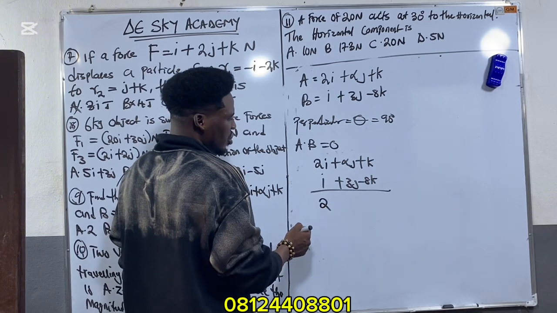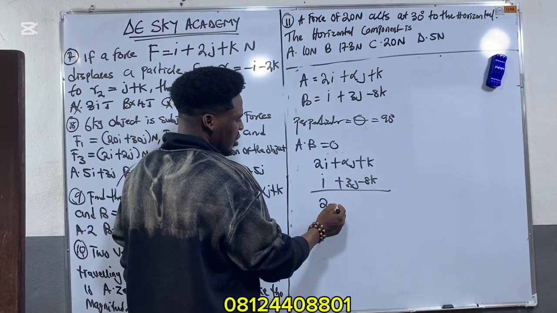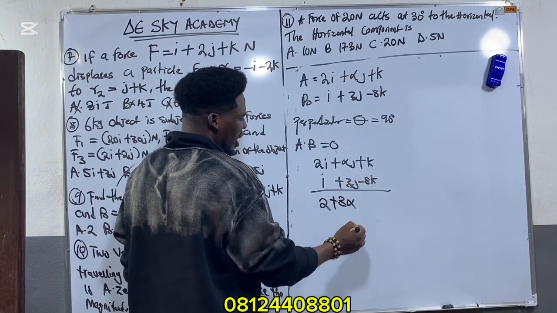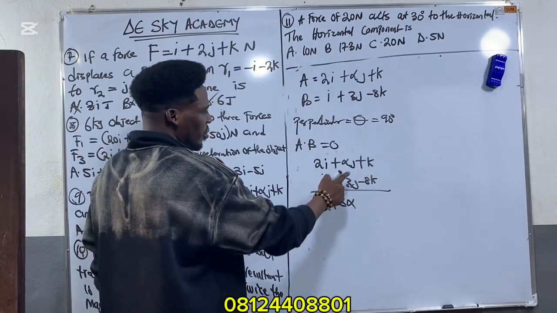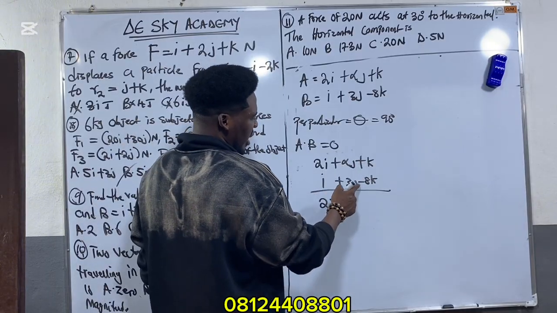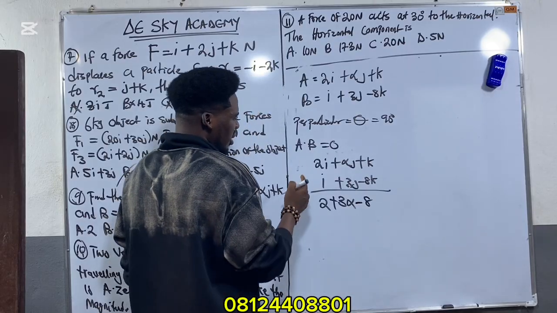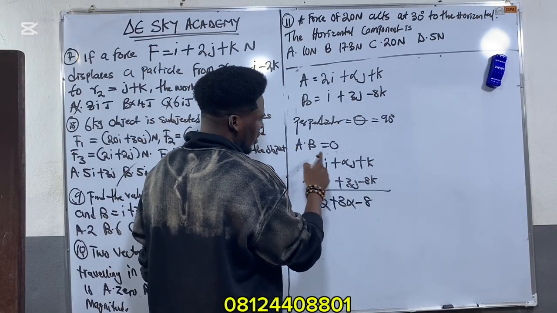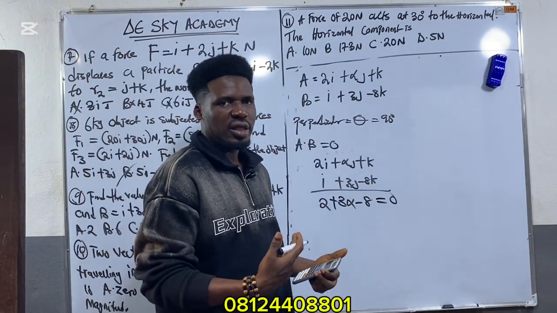Plus alpha times plus 3 is plus 3 alpha. Then plus 1 times minus 8 is minus 8. Remember that the dot product between both of them is equal to 0.